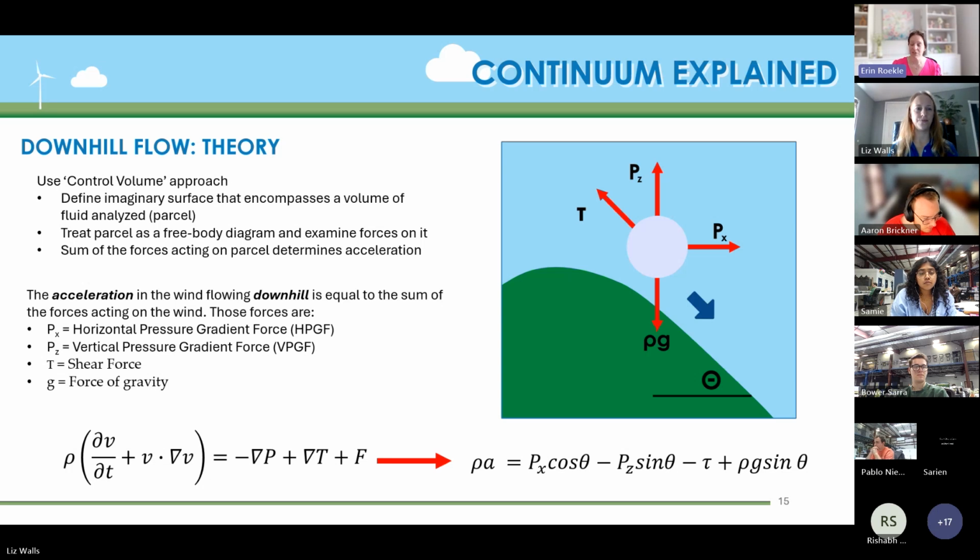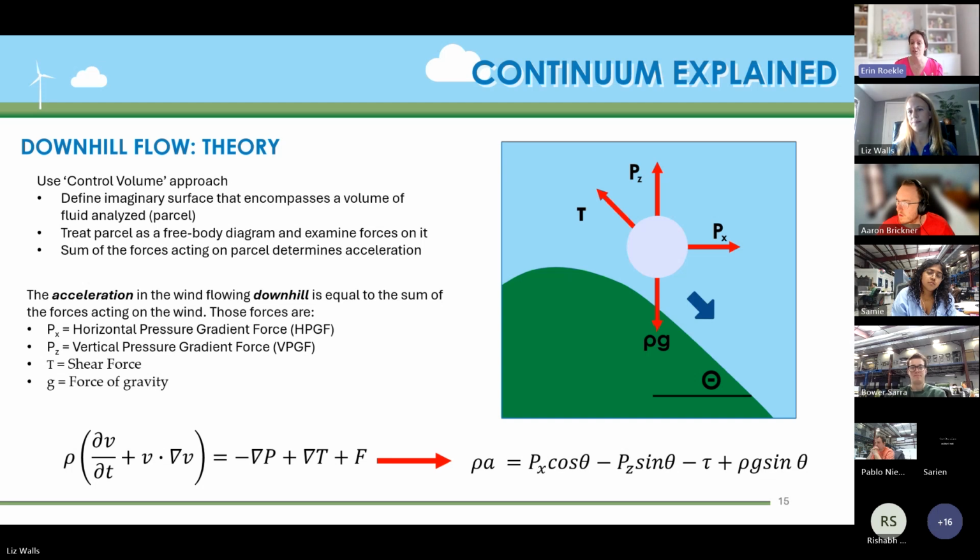So the acceleration of this little blob of air as it's going downhill is going to be equal to all of the forces that are acting on this blob. So we've got our equation again, the F equals ma, just expanded out a little bit. Now we're going to say, how do these forces fit into that equation? We now have four terms because we have four forces acting on our parcel.